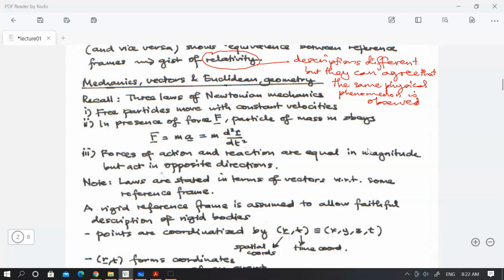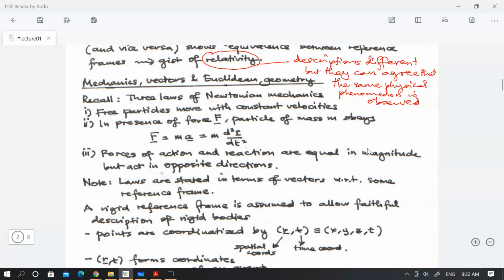The first law effectively says that free particles move with constant velocities. And then the second law is essentially F equals ma, which says that, okay, if there's a presence of a force, then the particle will essentially accelerate.